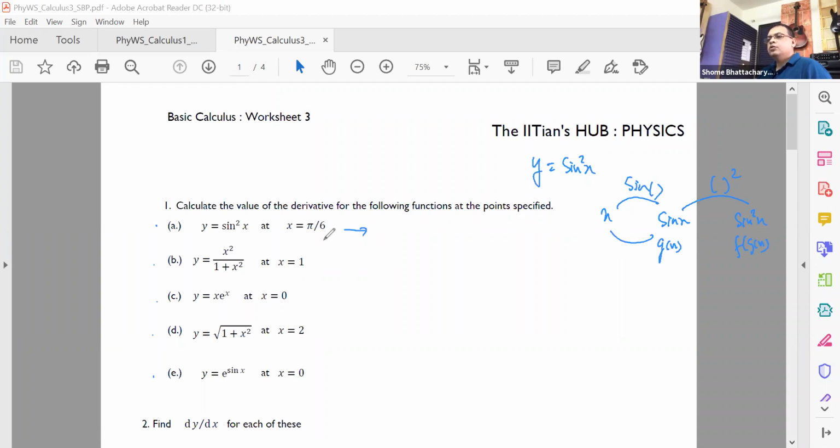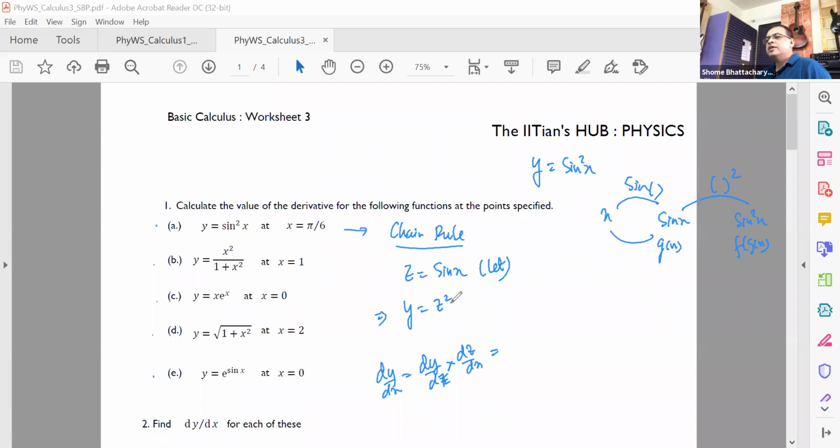So if you go by the chain rule method, the first step is to substitute. You take z as sine x. That's your dummy. So your y becomes z square. Then you apply the chain rule step, that dy by dx is dy by dz into dz by dx.